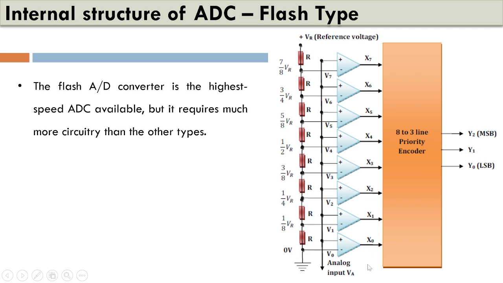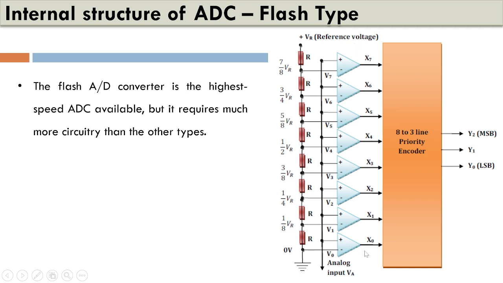Now here the inputs are priority based. That means the least priority is of the x0 input, x1 has priority greater than x0, x2 has priority greater than x1, x3 has priority greater than x2, and so on.